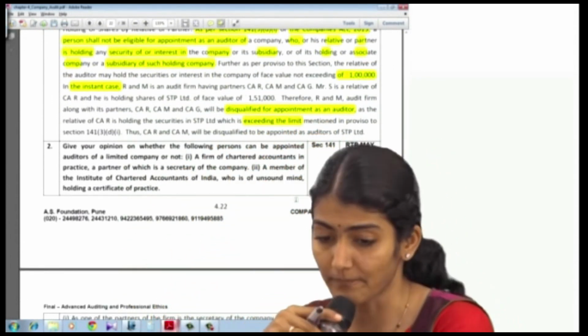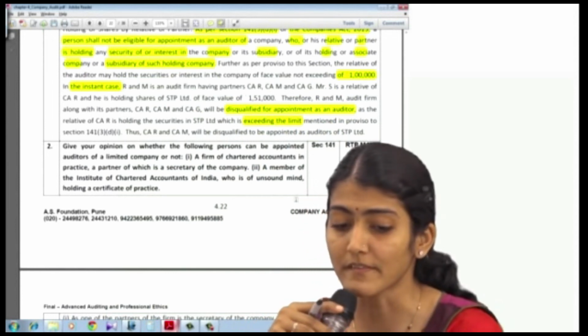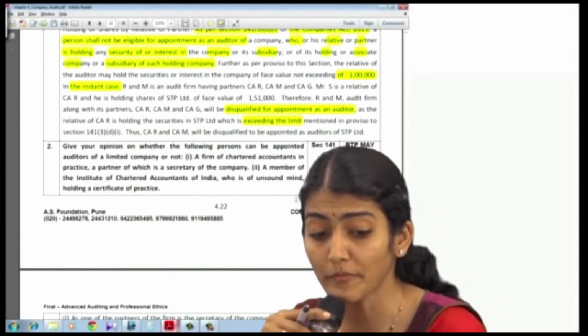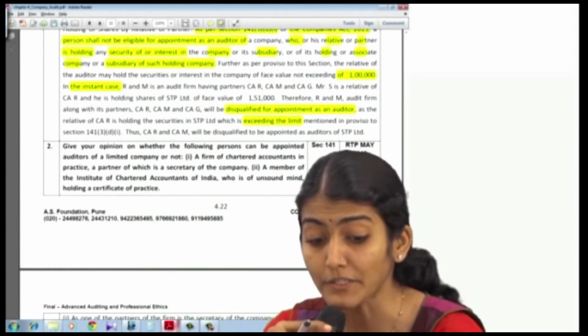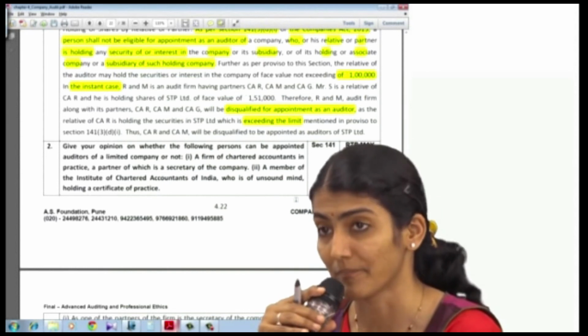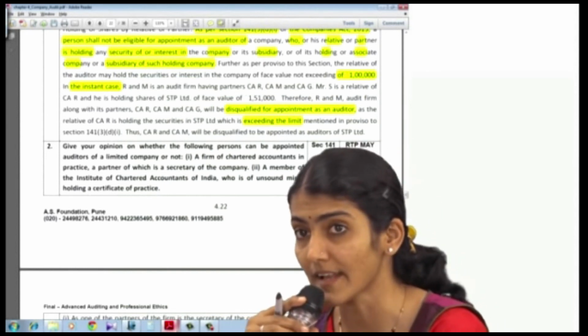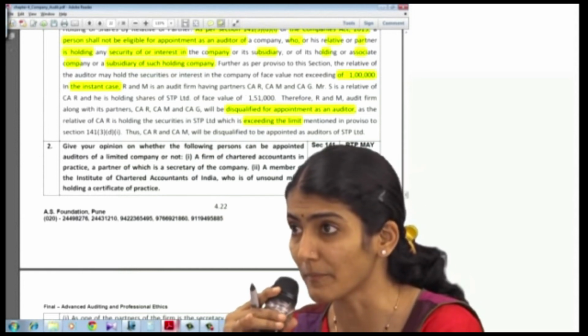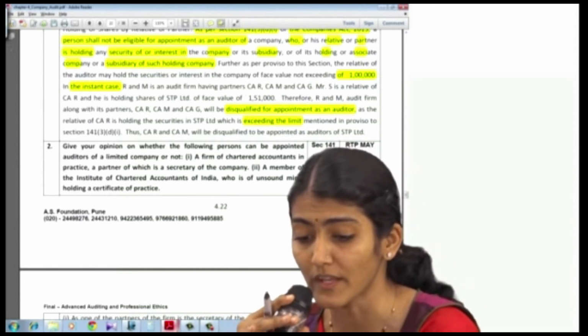Yes, give your opinion. Whether the following persons can be appointed as an auditor of a limited company or not. A firm of CAs in practice, a partner of which is the secretary of the company. So secretary means he is an employee. So 141(3)(b). You understand? Person or partner, he is an officer or employee of the company.